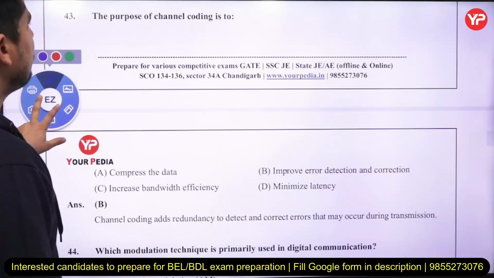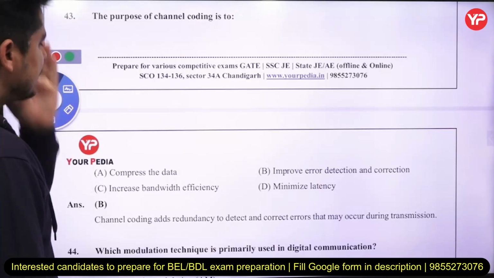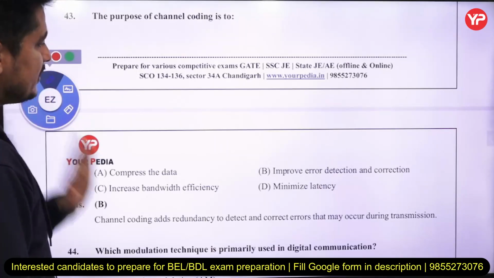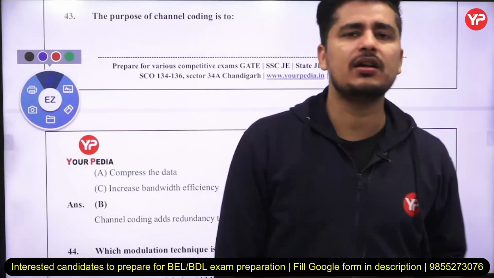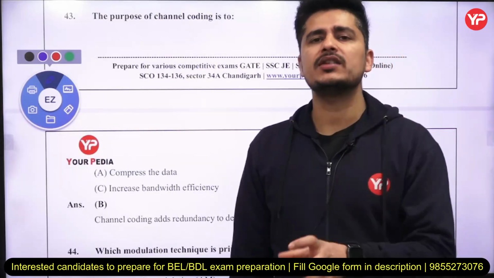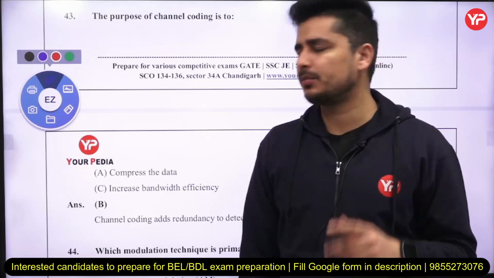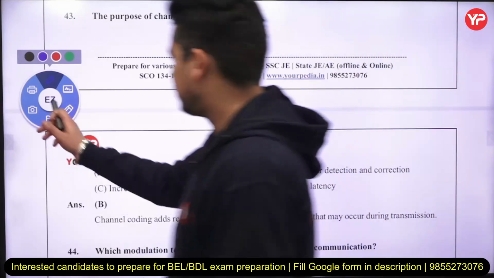The purpose of channel coding is, whenever we are doing channel coding, the main purpose is to improve the error detection and correction. Whenever you are imposing the channel coding algorithm, their main purpose is to improve the error detection and correction.